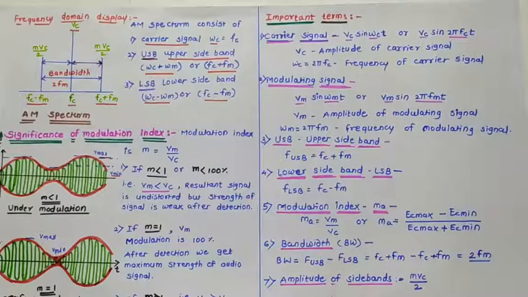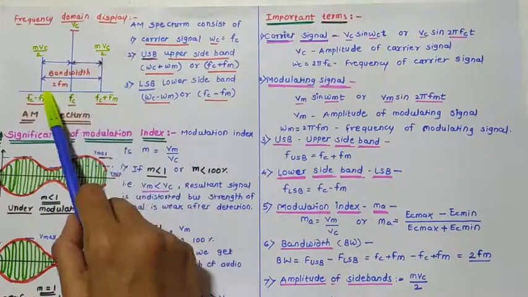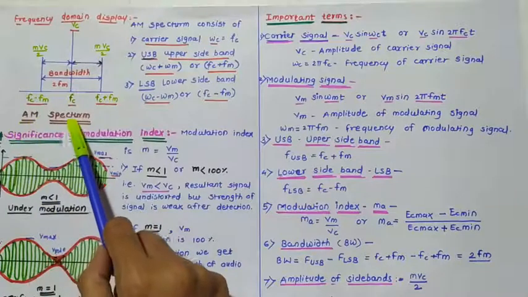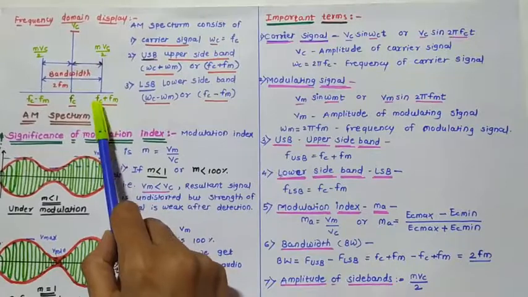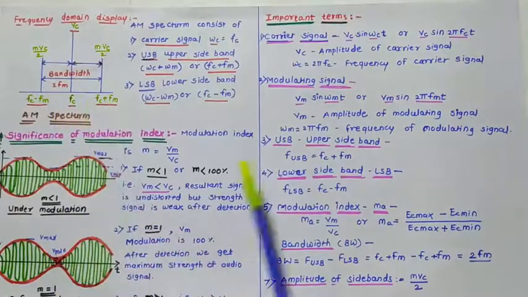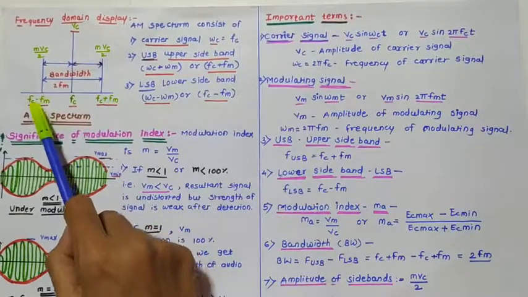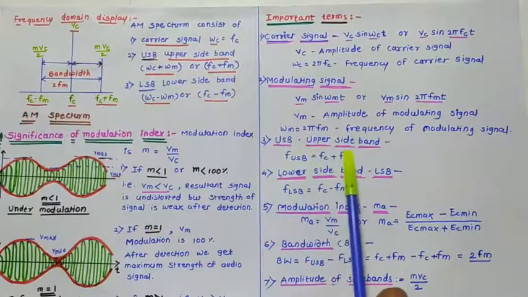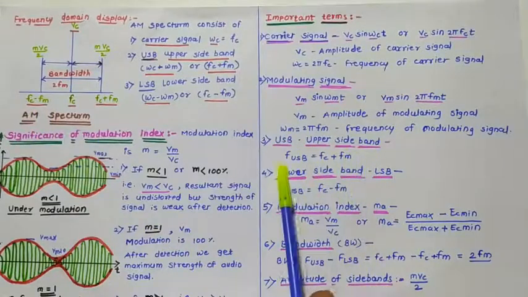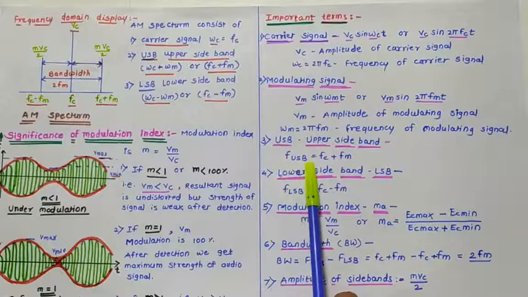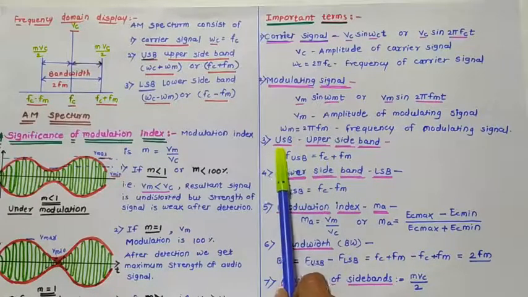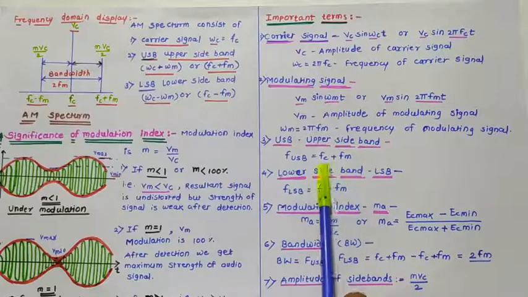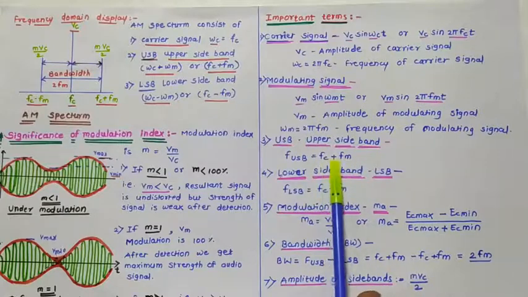As all of you know, the frequency domain or AM spectrum consists of two sidebands, lower sideband and upper sideband. The upper sideband frequency is fUSB equal to fc plus fm, the addition of the frequency of the carrier and the frequency of the modulating signal.